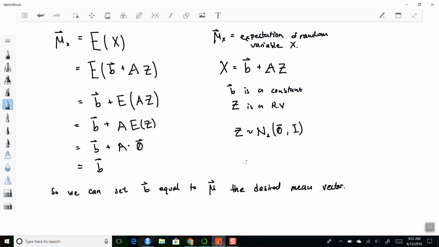And we want the expectation of this x variable to have this mean vector. And we found the expectation of this thing is just b. So we can set b equal to what we desire. Is that okay?